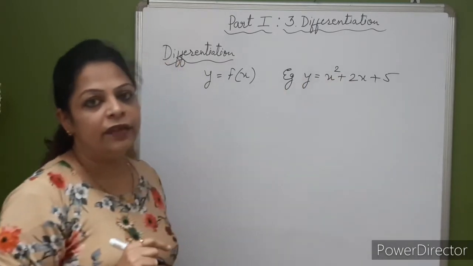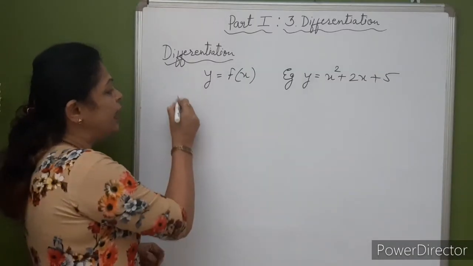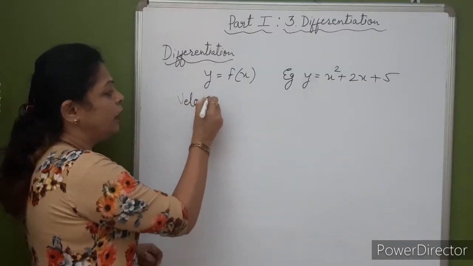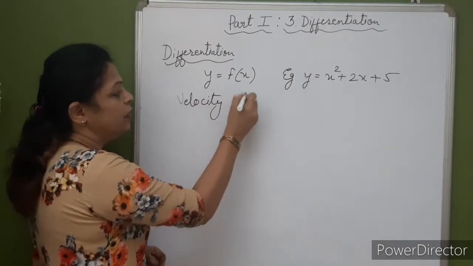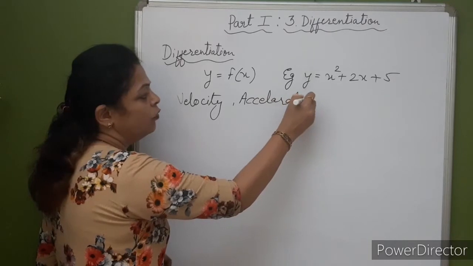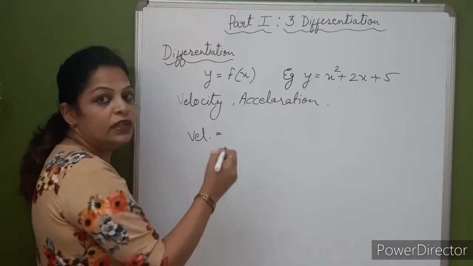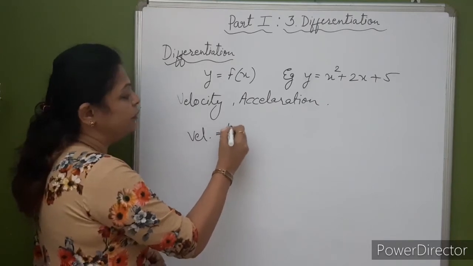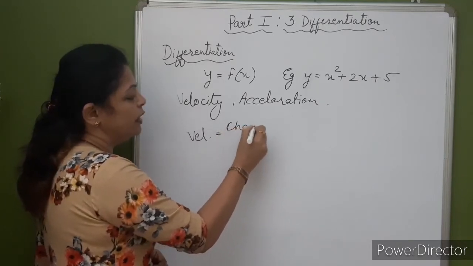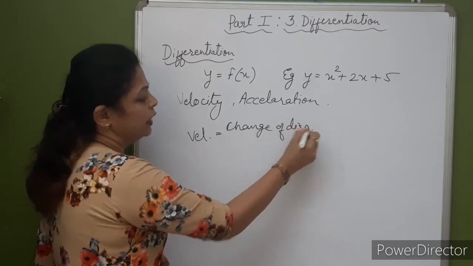Now in the lower classes you have studied the quantities like velocity, then acceleration, isn't it? What is velocity? Velocity is the rate of change of displacement. So this is change of displacement upon time, isn't it?